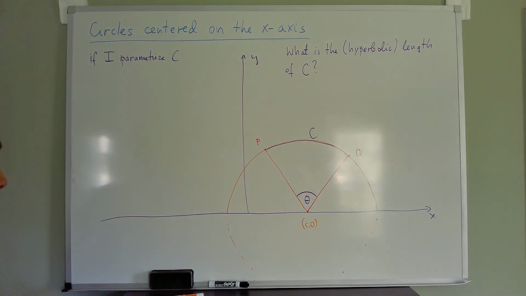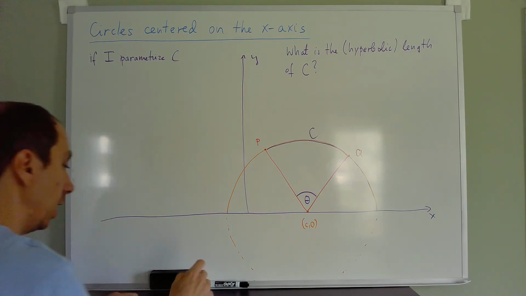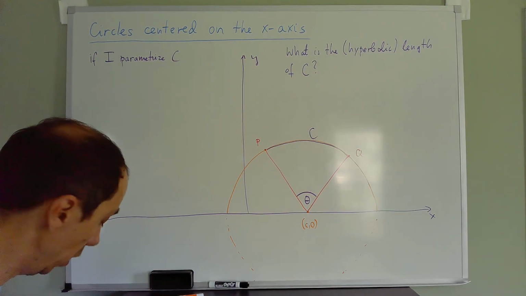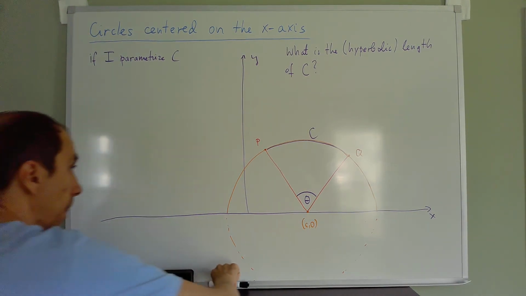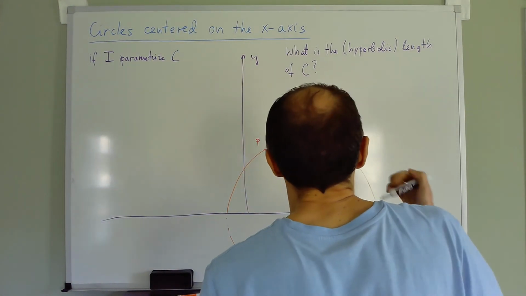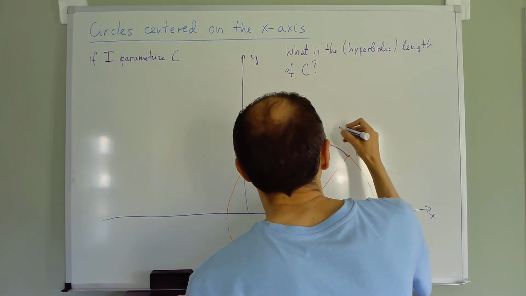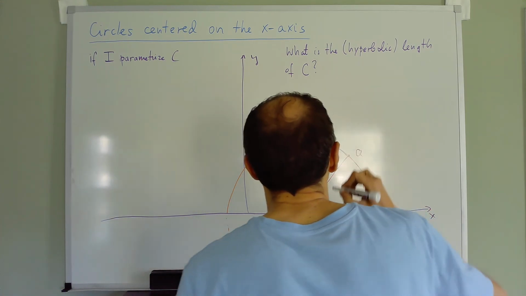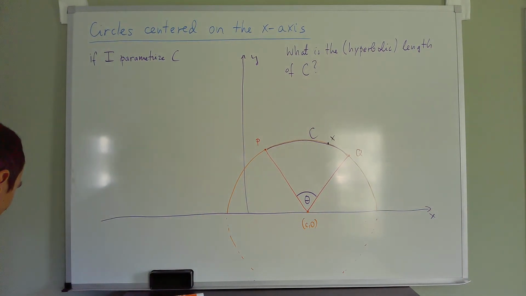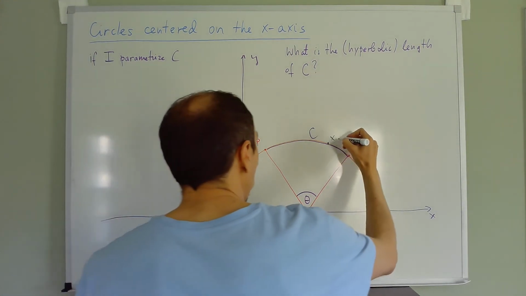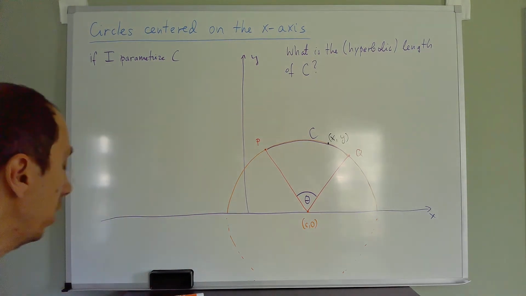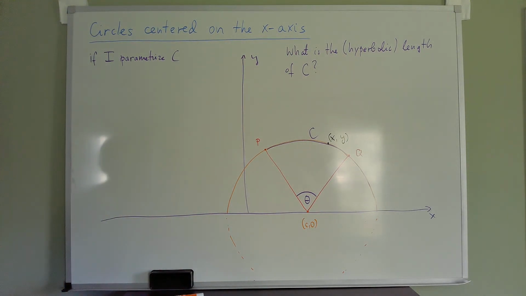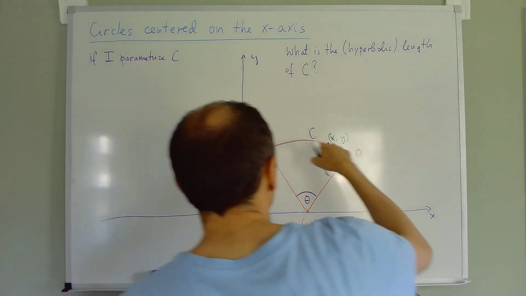So if I take any point here on this arc, x comma y, then how can I parameterize this curve?